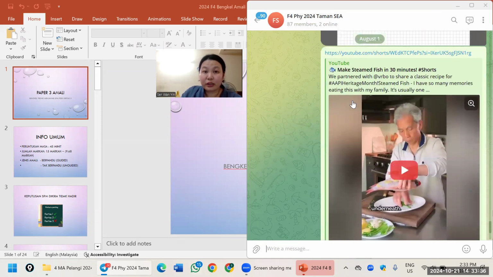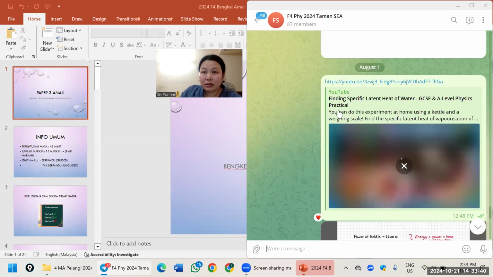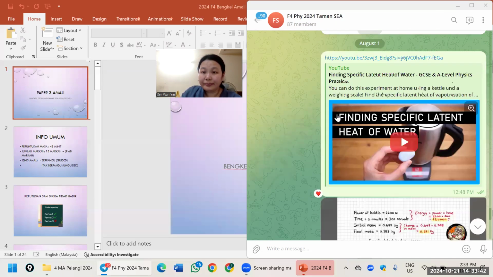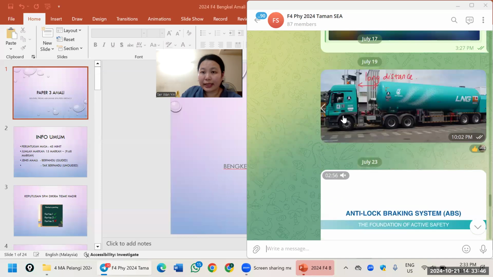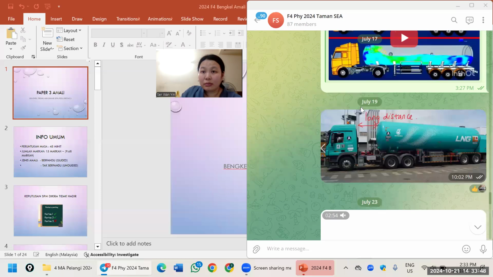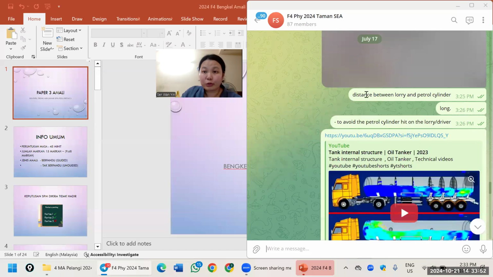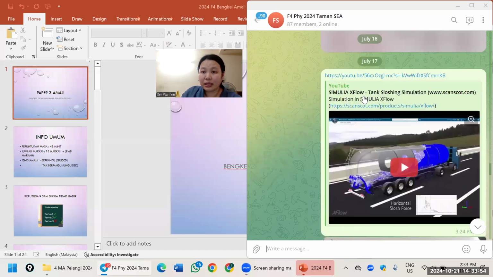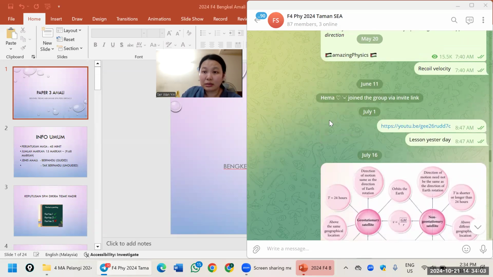I steam fish, specific latent heat. Like anti-lock braking system, the long distance between the truck and the petrol tank, something. This one, geostationary, non-geostationary, you must memorize.